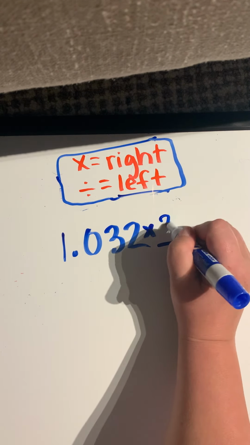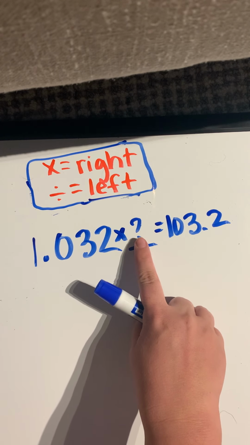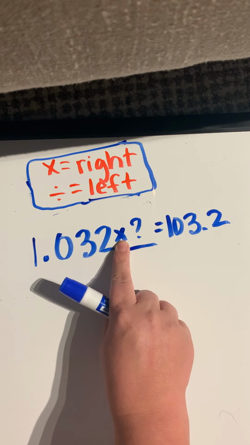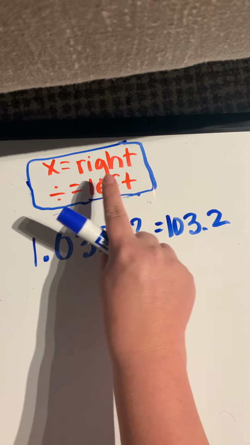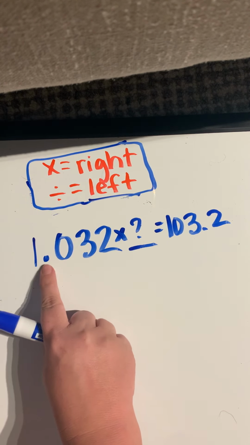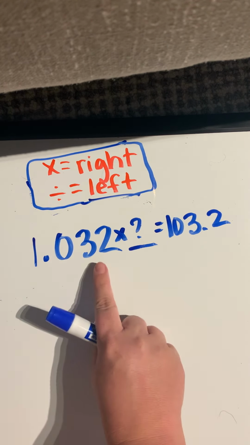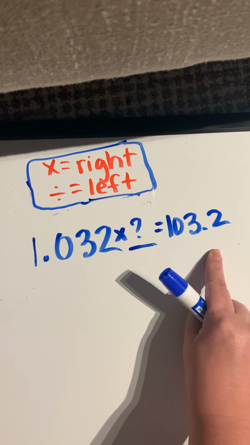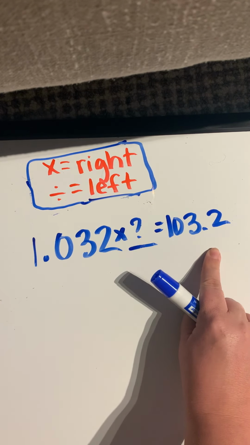Let me move it this way. I want you guys to try to figure out what this number would be. What did we multiply it by? We're multiplying, so we had to have shifted our decimal to the right. Think about how many zeros would need to be in this number to get from here to here. Pause the video.